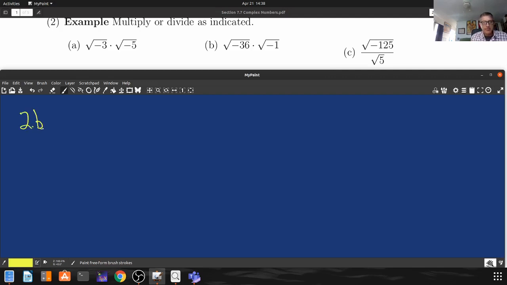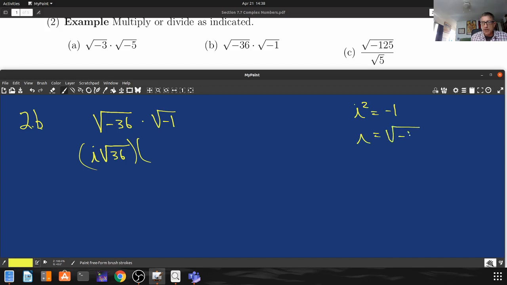2b. The square root of minus 36 times the square root of minus 1. Well, if you want, you can put the i out in the beginning. That's i times the square root of 36. And remember, i squared is equal to minus 1, which implies i is equal to the square root of minus 1.